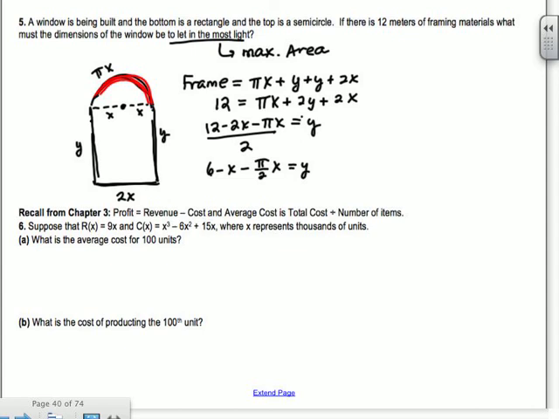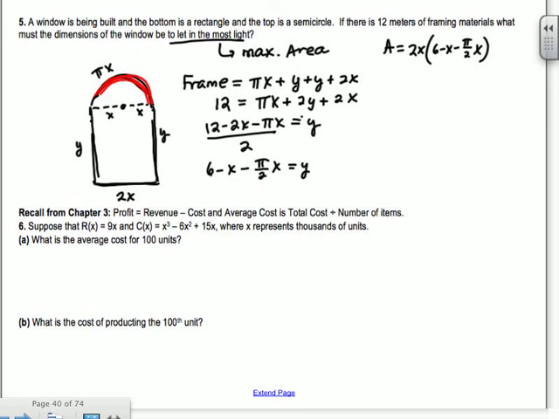Okay, now we start on the area. So my area of this whole window, sorry, I'll use my sleeve. All right, so I have a rectangle and a semicircle, so that's how I'm going to come up with the area. The area is going to be 2x times y, so y we just replaced. So I'm going to have 2x times 6 minus x minus pi over 2 x. That's just the rectangle, plus half the area of the circle, because it's a semicircle.